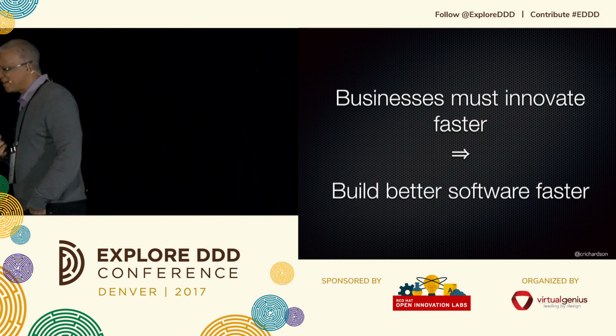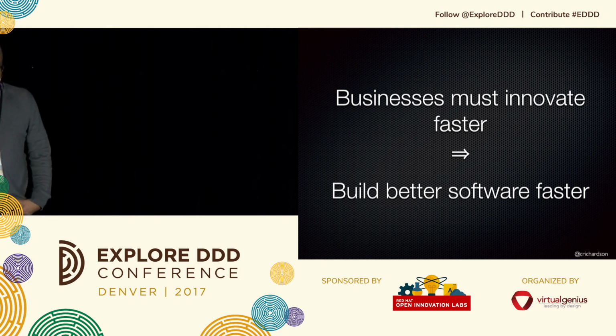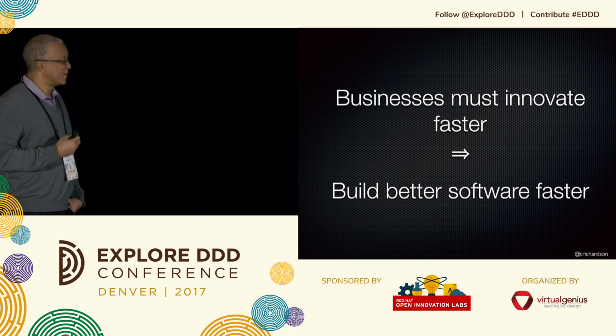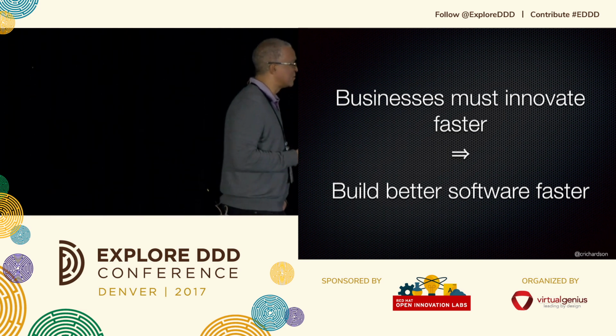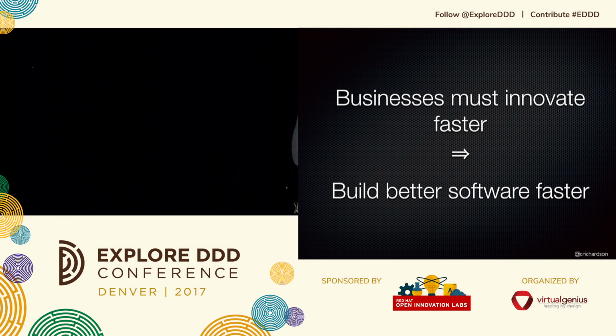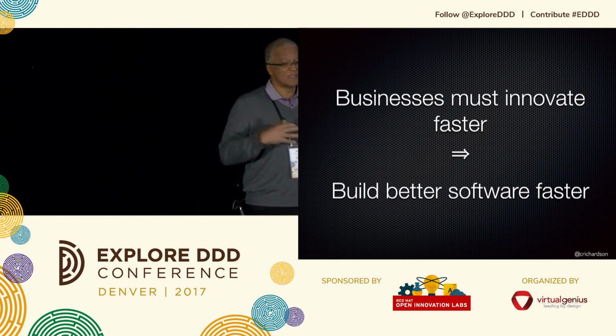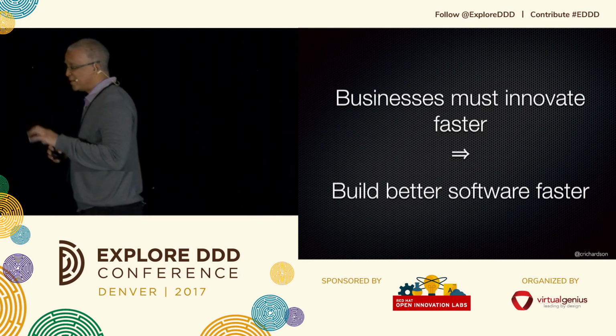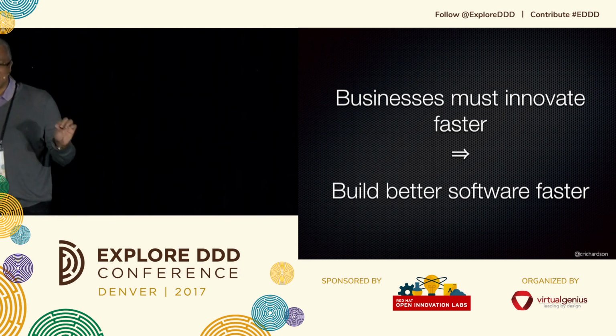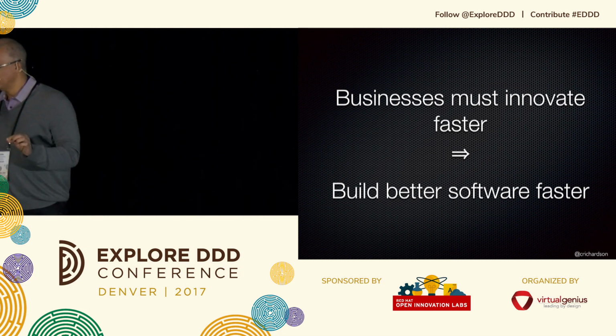And today, this is said quite often, businesses need to innovate faster. Super competitive market and all of that. And what that means for us as software developers, we build the platforms that enable the businesses to function, is we need to build better software faster. And so architecture is becoming increasingly important.